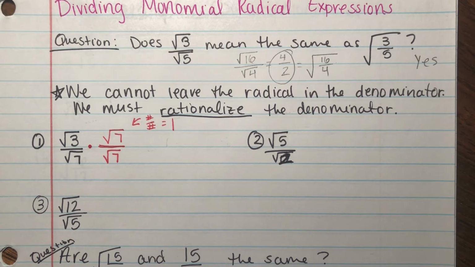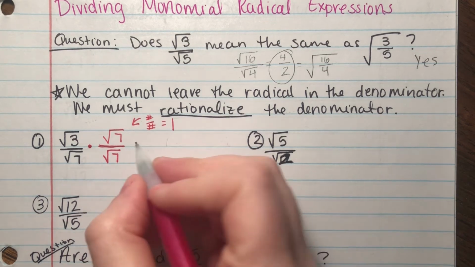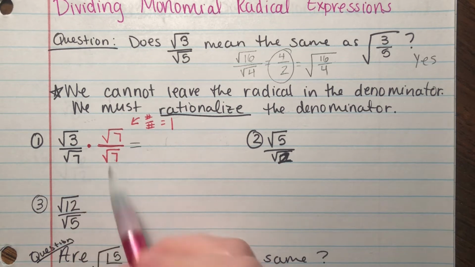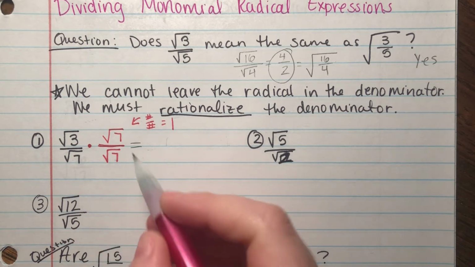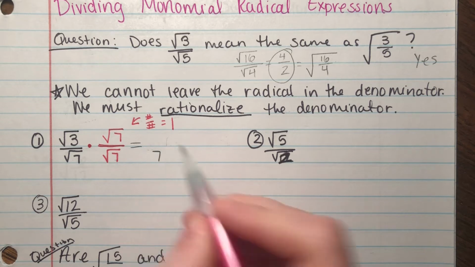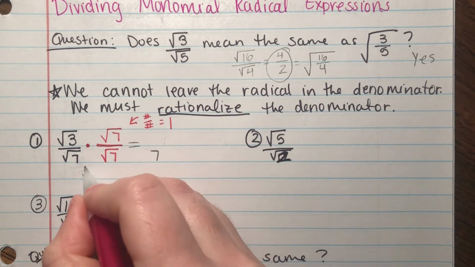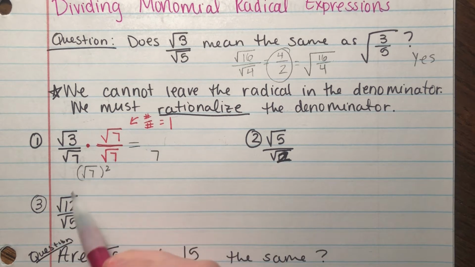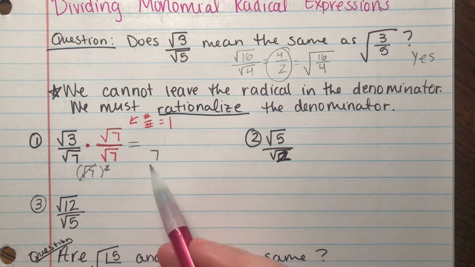Alright, so if we multiply this straight across, we're going to have the square root of 7 times the square root of 7. That's just going to give me 7. Because if I have the square root of 7 squared, that square root is going to cancel with the squared, and I'm going to be left with 7.